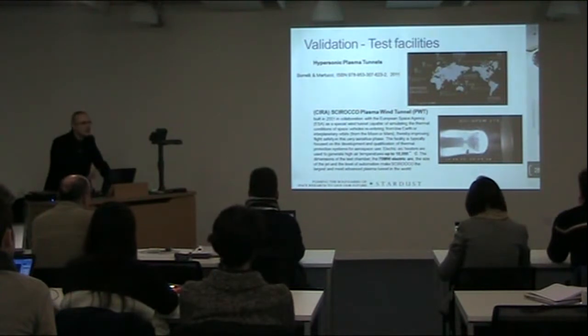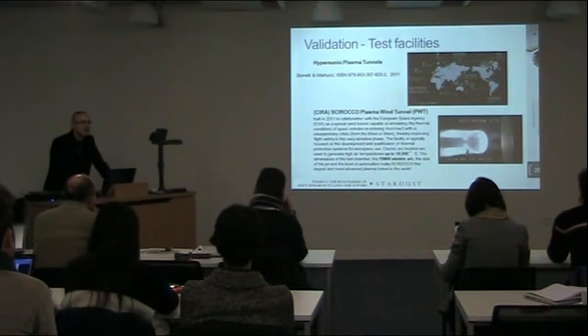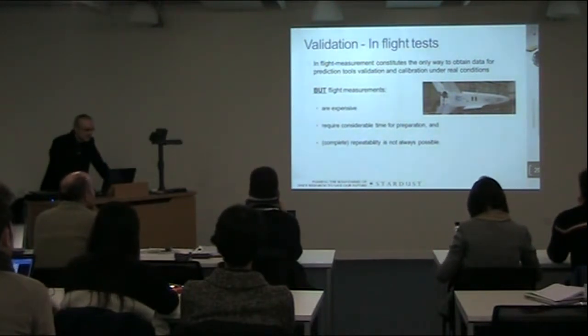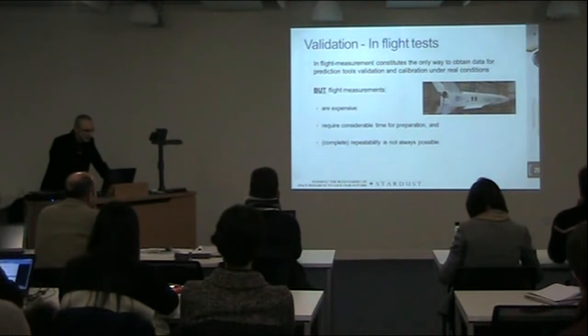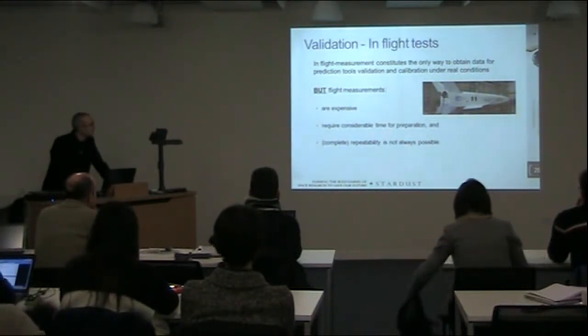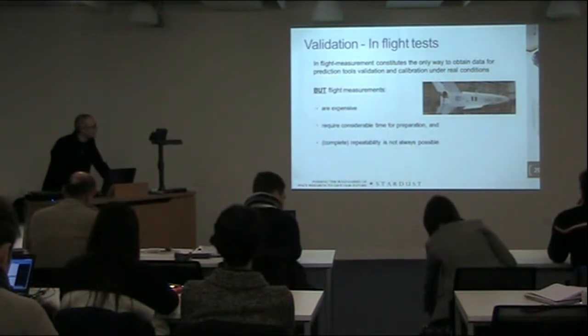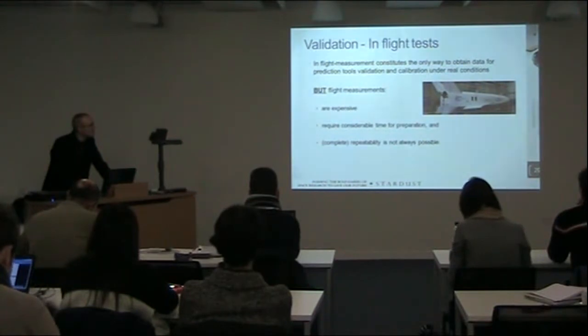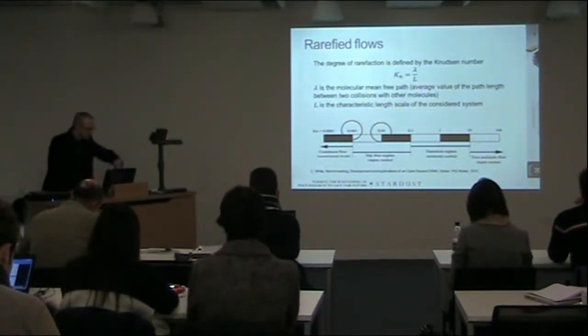They have an entire power plant dedicated to this, and each run costs several thousand euros. Another approach to validation is flight tests, but flight tests are much more expensive, also time expensive, and repeatability is not always possible, and that is another case from work in Italy.